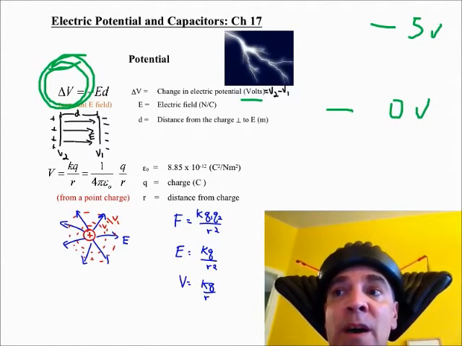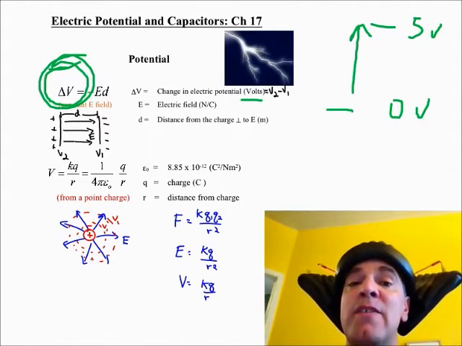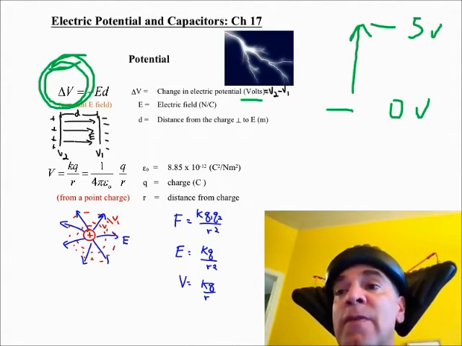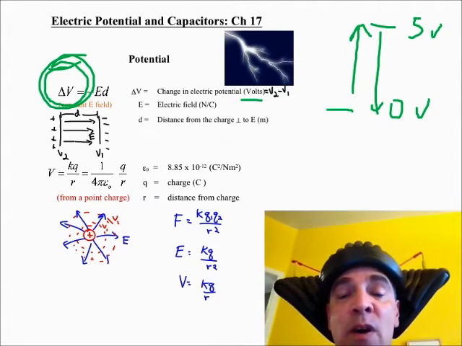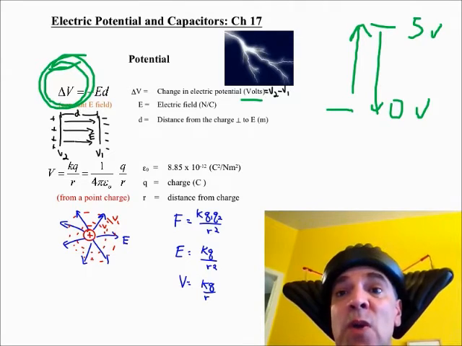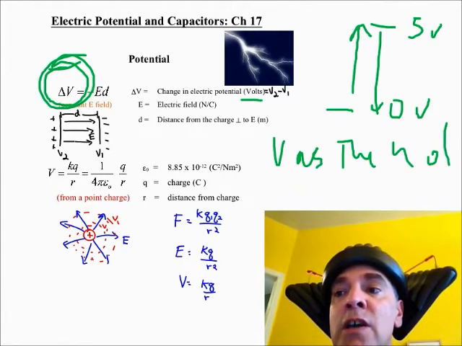If we go from 0 volts to 5 volts, we have to go up, so we have to give it some energy somehow. And if we're going from 5 down to 0, we can get some energy back out, the same way we did for gravitational heights. So a lot of times we think of V as the H of electricity.